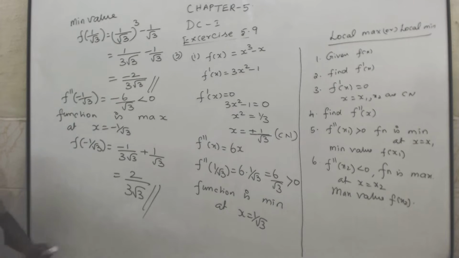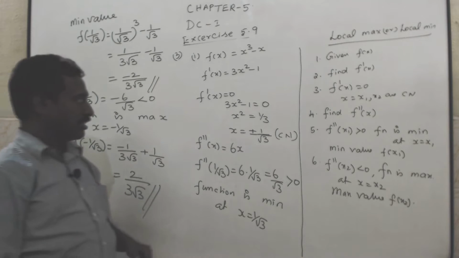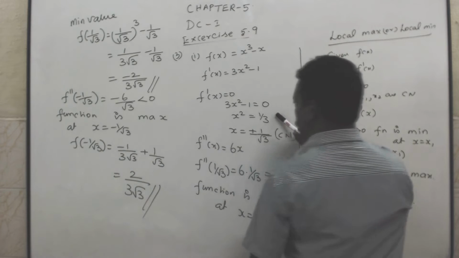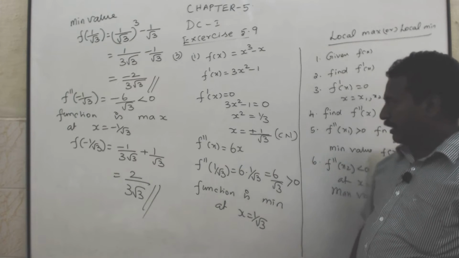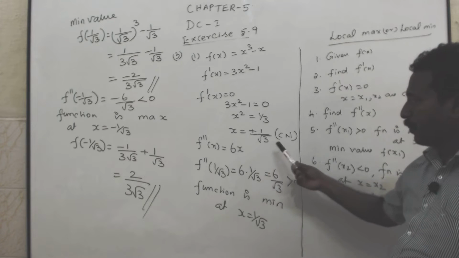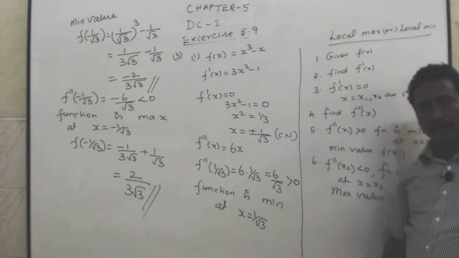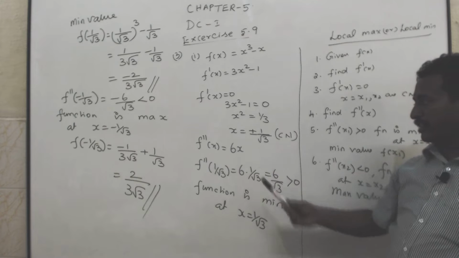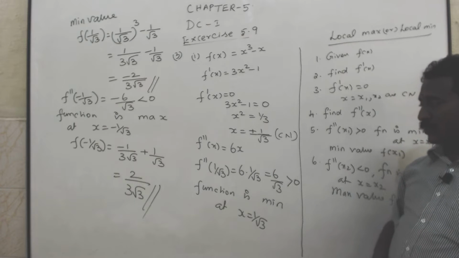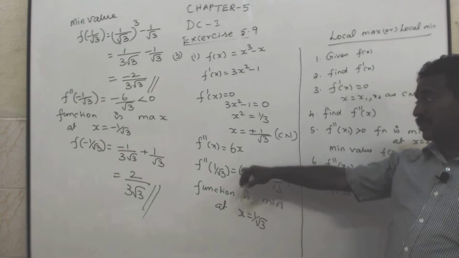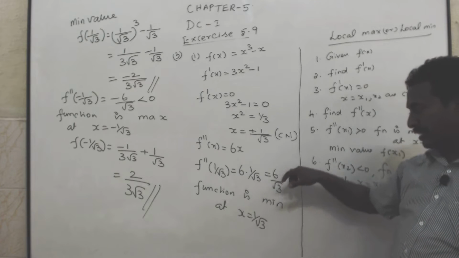Once again, listen. f of x, find f dash of x. f dash of x equal to 0, x square equal to 1 by 3, x is equal to plus or minus 1 by root 3. f double dash of x equal to 6x. f double dash of plus 1 by root 3 is 6 by root 3, this is positive.